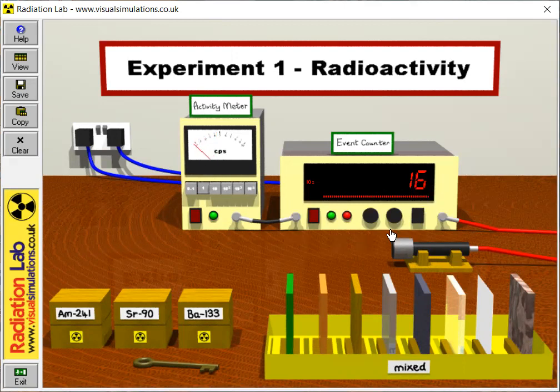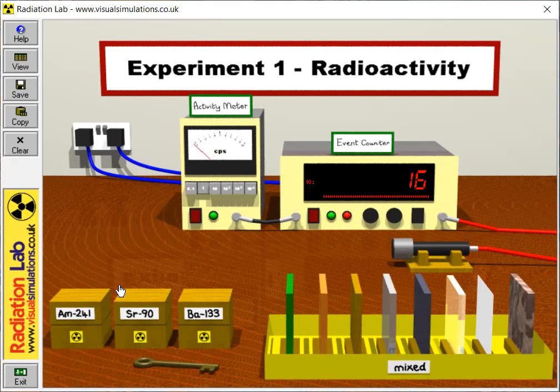So you can see that this virtual equipment is simulating some kind of background activity. It is picking up some kind of radiation, even though none of the sources are out yet. That's a good way of introducing your students to background radiation.